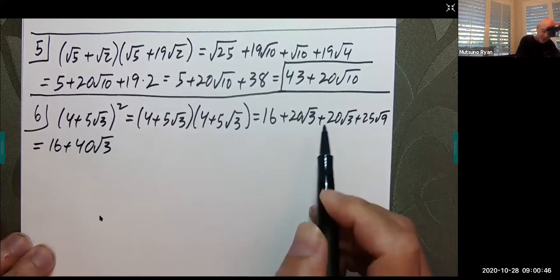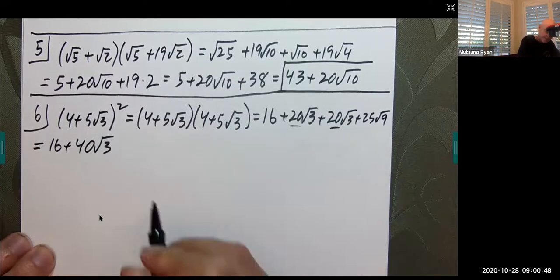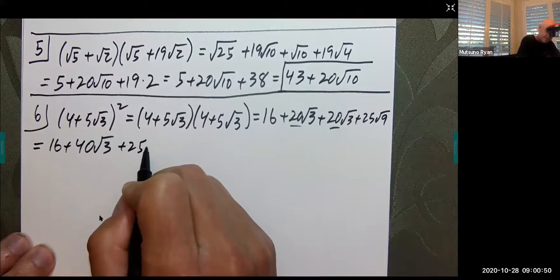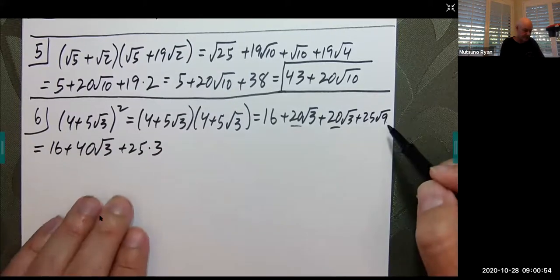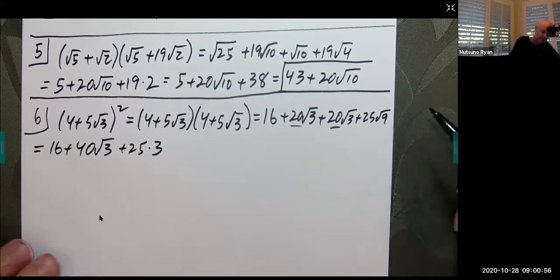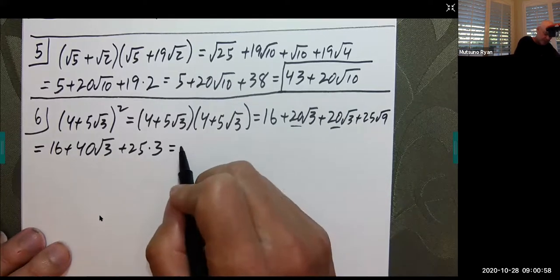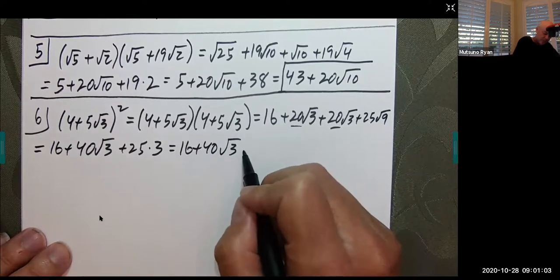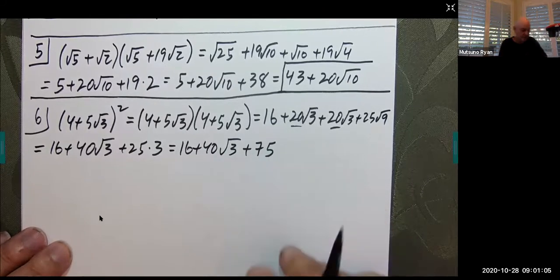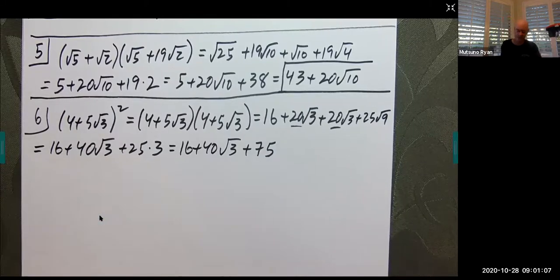So I combined up my two like terms there. Root 9 is 3. 3/4 is 75 cents.